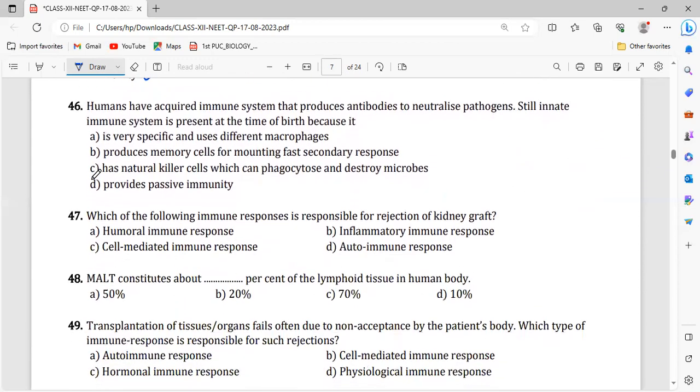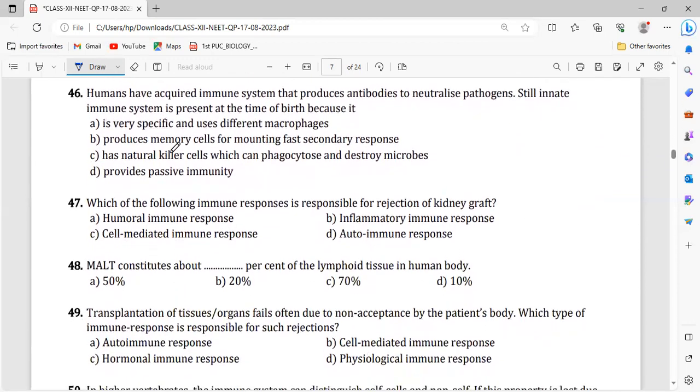Then 46. Humans have an acquired immune system that produces antibodies to neutralize pathogens. Still, the innate immune system is present at the time of birth. So we'll see one by one. It is very specific? Innate immunity is not specific, so this answer cannot be the correct one. Produces memory cells?